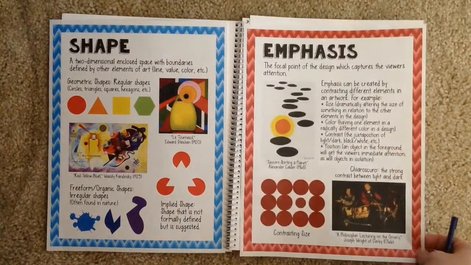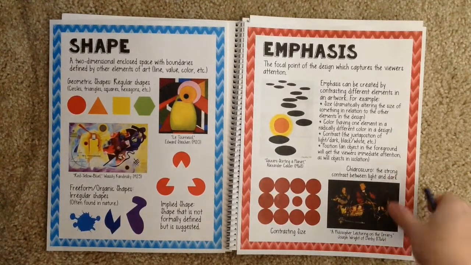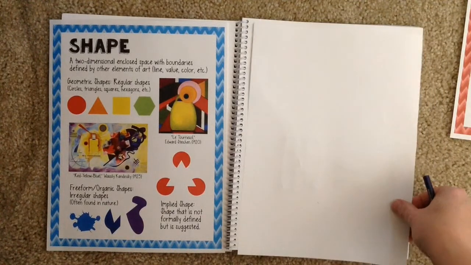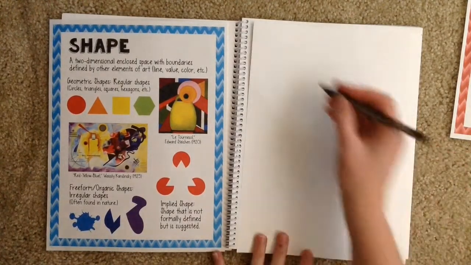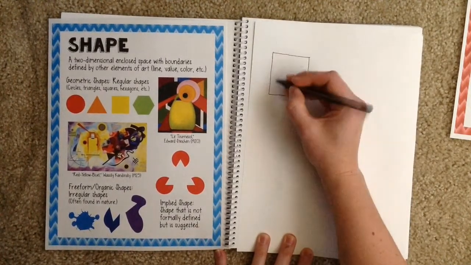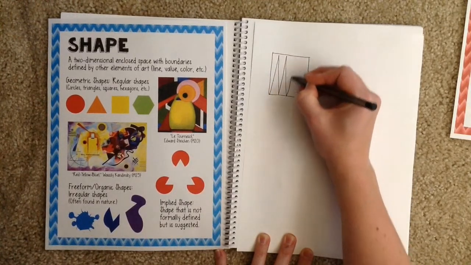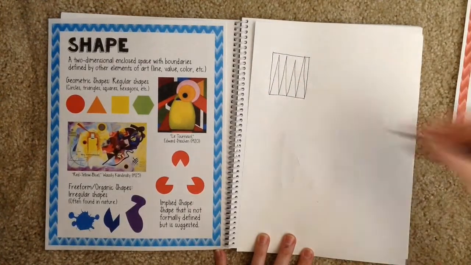All right, so the assignment was to create a geometric shape composition with an emphasis. So we discussed several ways of doing that. We discussed that if this is your paper, we looked at examples where they used just triangles, just geometric shaped triangles, and they colored them all in black.